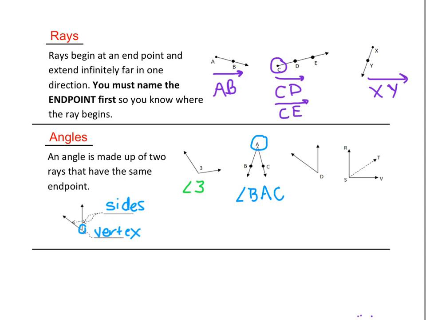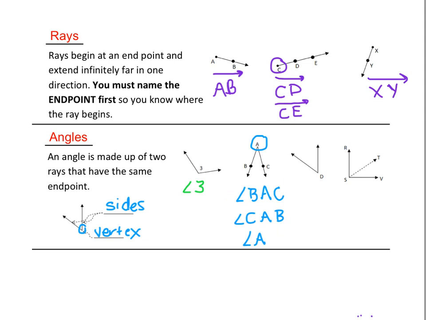Now, as long as your vertex is in the middle, you could switch up the B and the C, and you could say angle C, A, B. That's another way to label it. Technically, you also could say, because there are no other angles at that vertex, you could call this angle A. But again, to be more specific, using all 3 points is helpful.